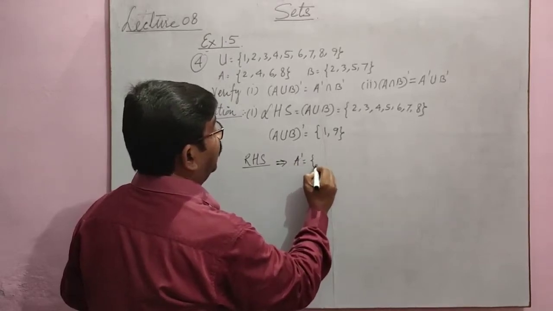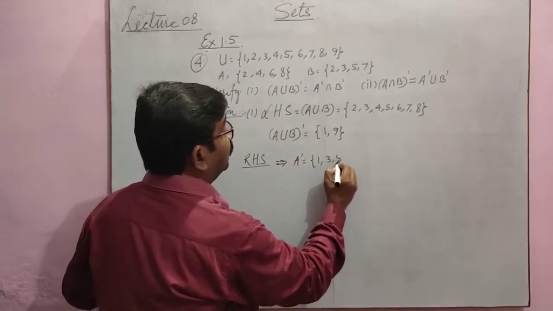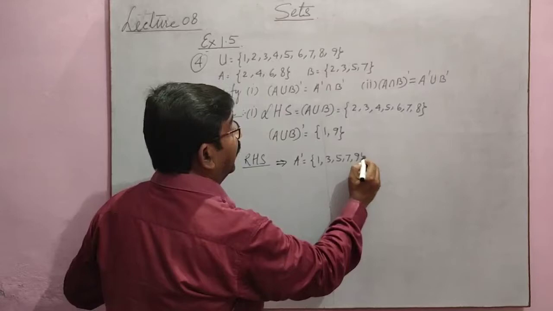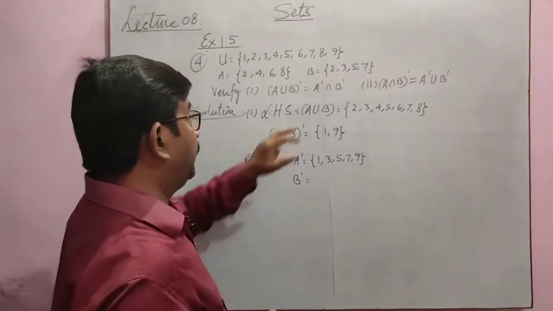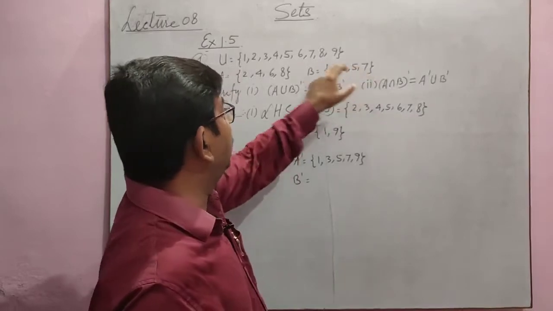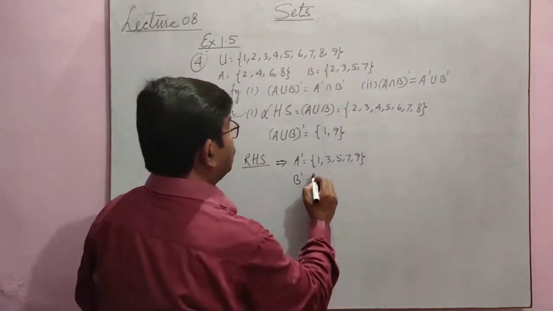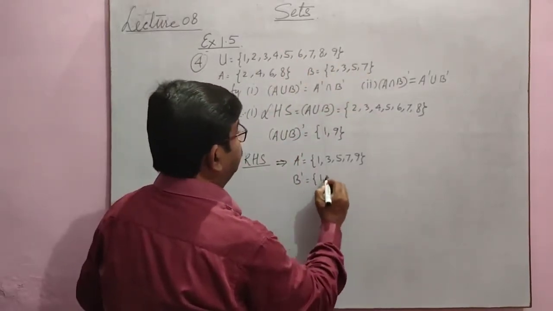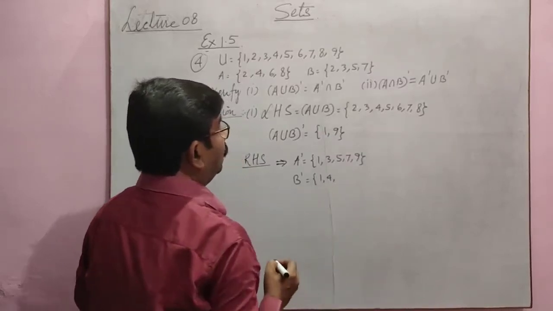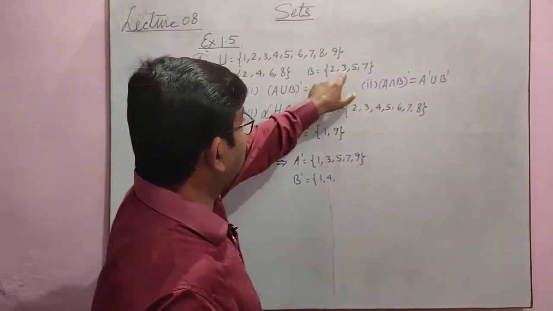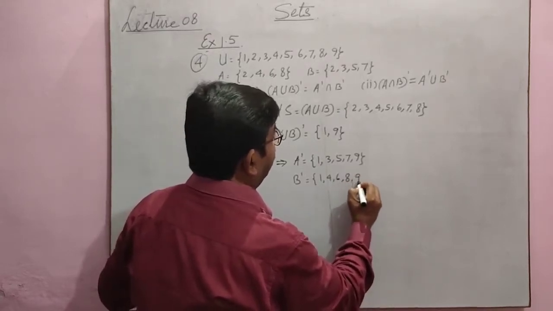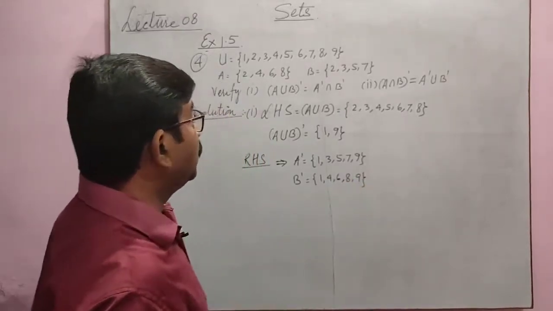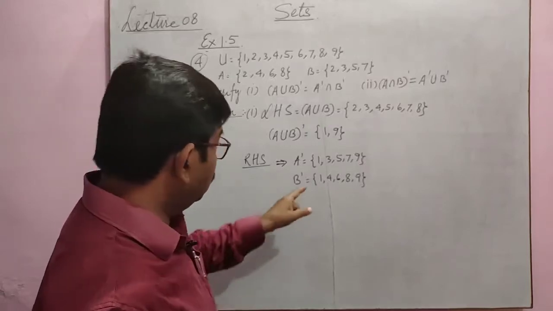Complement of A is 1, 3, 5, 7, 9. Now second, complement of B. 2, 3, 5, 7 are removed from this. So what is left? 1, 4, 6, 8, 9. This is complement of B.